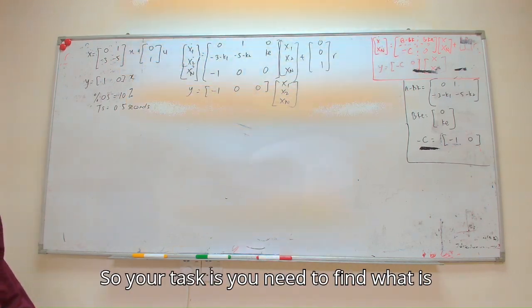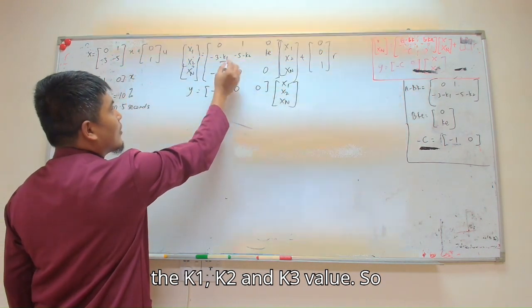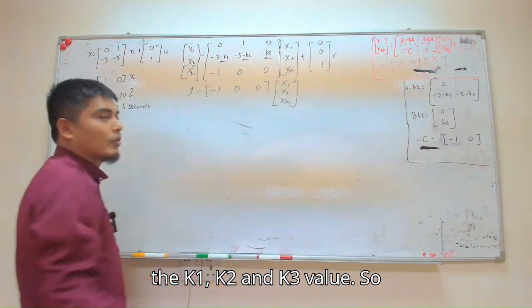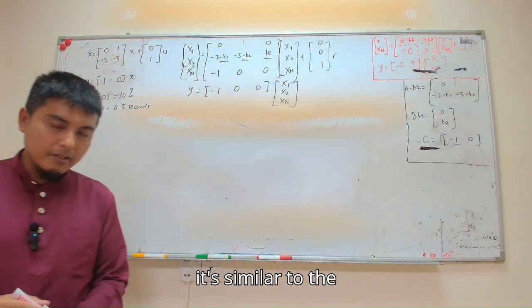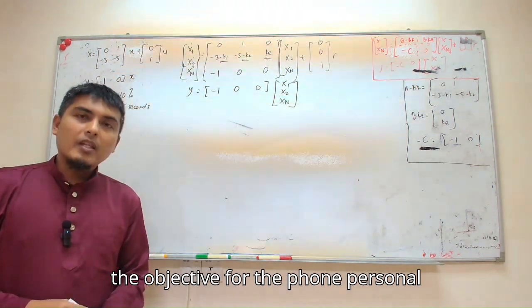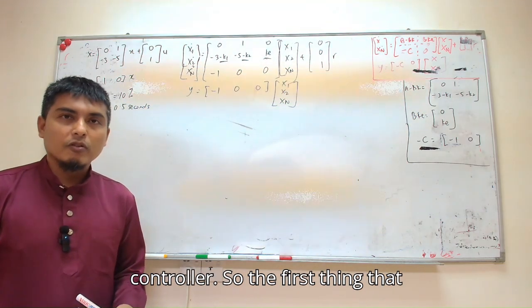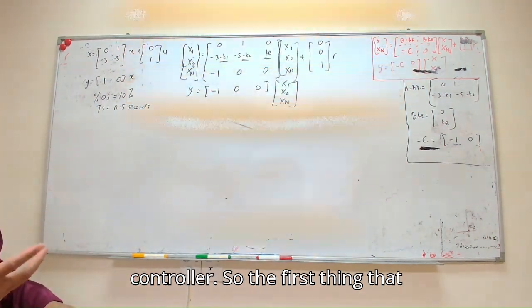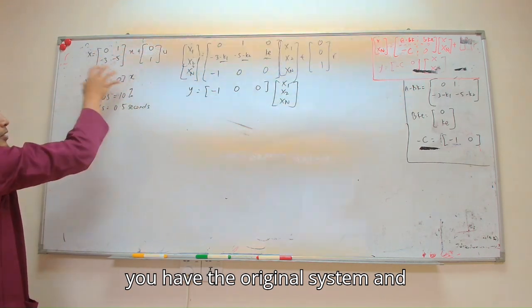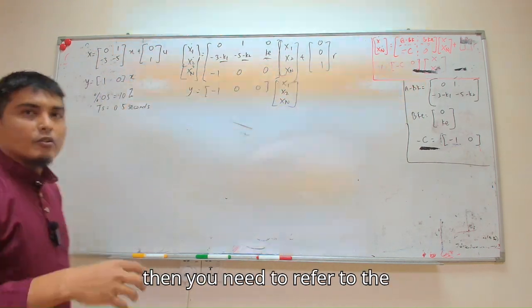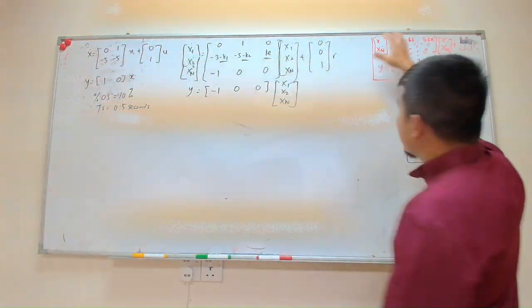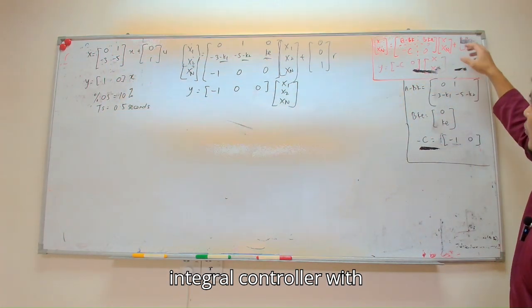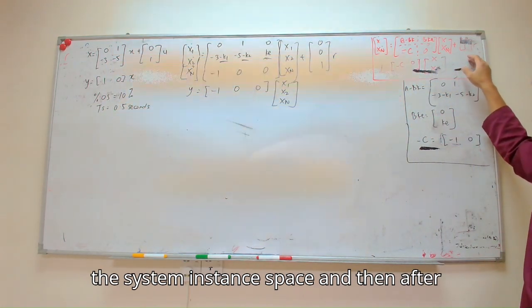So your task is you need to find what is the k1, k2, and ke value. It's similar to the objective for the pole placement controller. The first thing is you have the original system, and then you need to refer to the integral controller with the system in state space.